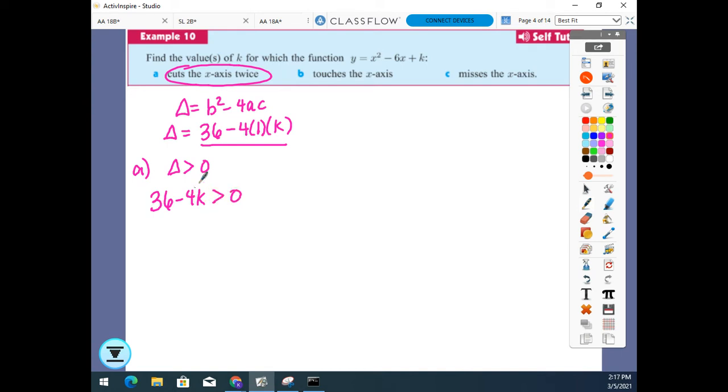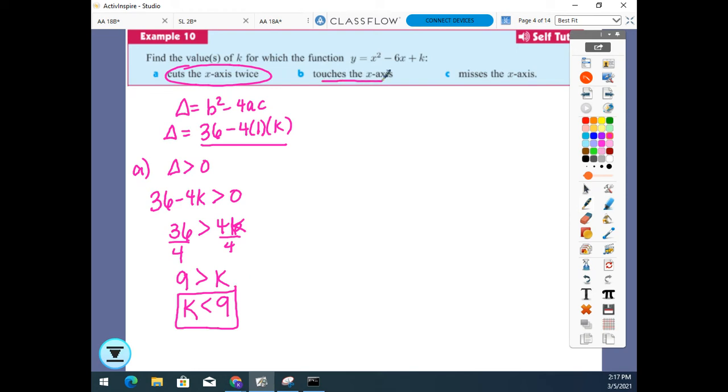Well, I'm going to add 4k, divide by 4, and solve for k. Be really careful here. This is telling us k is less than 9. You might want to rewrite this, because usually with inequalities, we want to have the variable first.